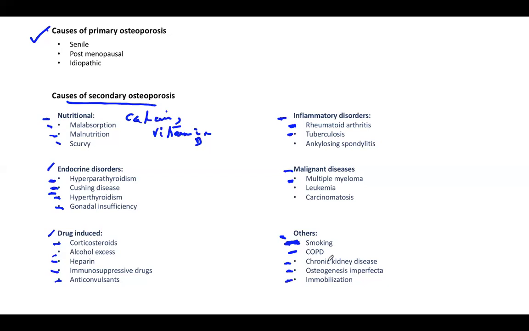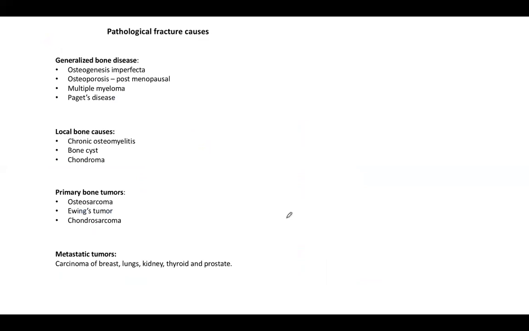Or if we can't divide them, we just tell malabsorption, malnutrition, Cushing disease, hyperparathyroidism, corticosteroids, smoking, CKD. That's also a possible way to tell.